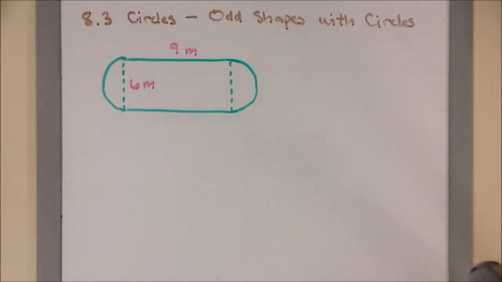But we have to be mindful of how we use the formula for area of a circle and the formula for circumference of a circle, depending on what kind of circle you have within the given shapes. So let's take a look at this first example.